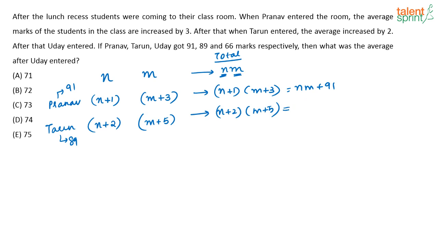Similarly, what is the total marks here? First the total marks was nm, then Pranav's mark was added, and now Tarun's mark is also added. So now you have two equations, correct, in terms of n and m. Solve for n and m. Find out what is n, what is m. Once you get that, then you can find out what is asked in the question.